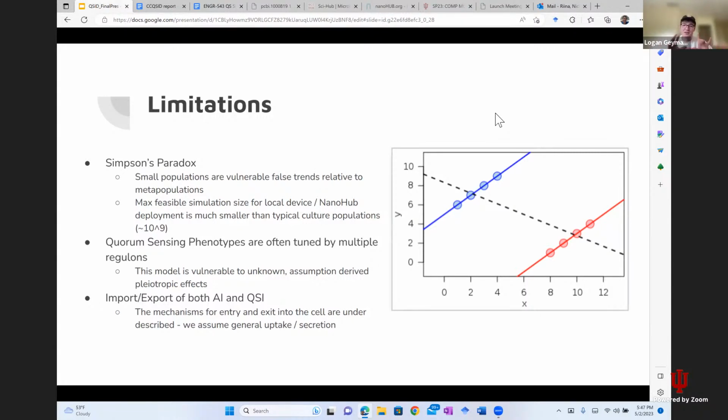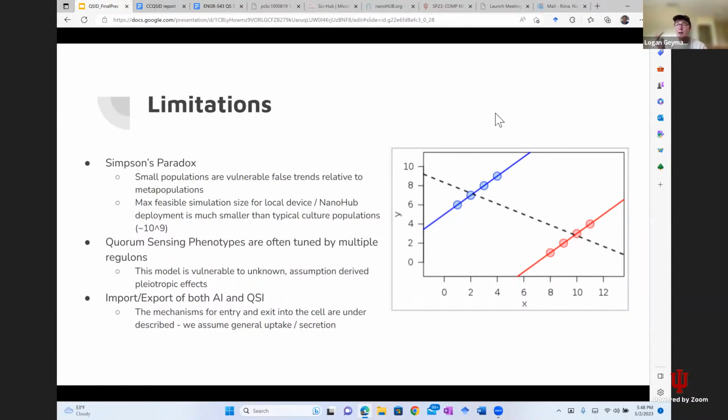That means that as we do these experiments, we can see trends within our small population that, if we were able to do billions and billions of cells, might not exist, just because we're looking at such a local population. We can get around this, or attempt to, by doing lots and lots of simulations and then looking at the trends of all of those put together. Like if the experimenter in this graph did the blue and red separately, but then looked at the blue and the red data together without making distinction between the experiments.